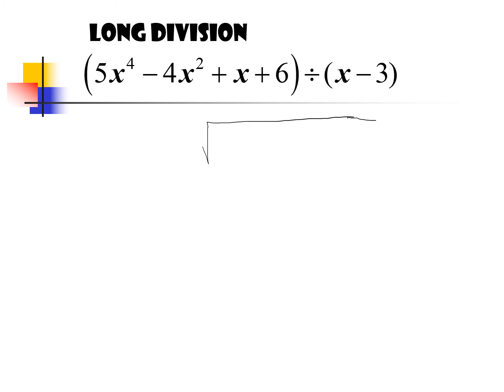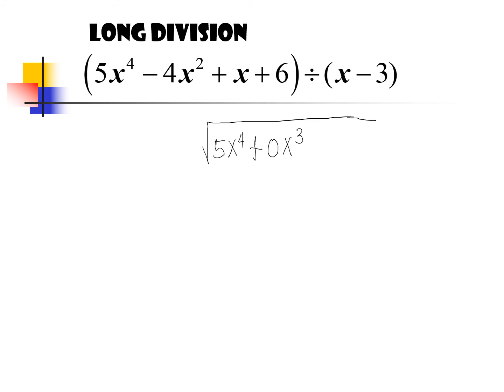And then we put inside the dividend. So 5x to the power of 4. Take note, class, there is no term with an exponent that has a degree of 3. So we need to fill in the missing term by putting here 0x to the power of 3.